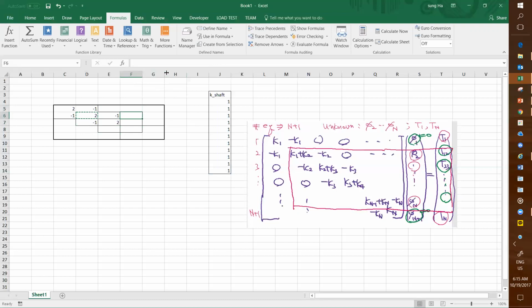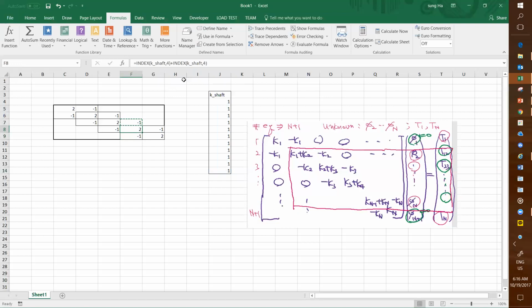And this one, we just copy. And this one, copy. And this copy. Let's correct the equations. This one is a 3, 4. And this one should be 4. And this one should be 4, 5.